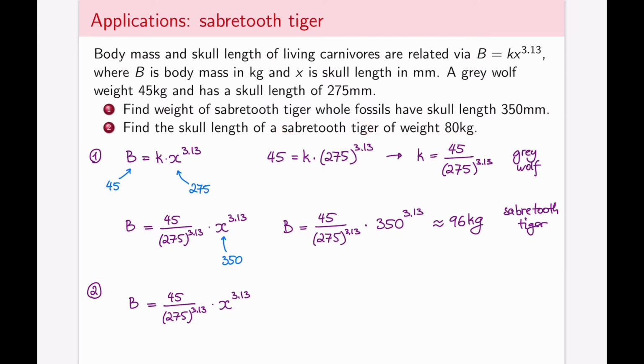So now that means that I'm plugging 80 in for the body mass, and I'm looking for this value of x. This is fairly straightforward, so I'm going to leave it for you to find what this x is, and then also make sure that you compare the number you get to the numbers that you've already seen and ensure that it falls within some reasonable boundaries.